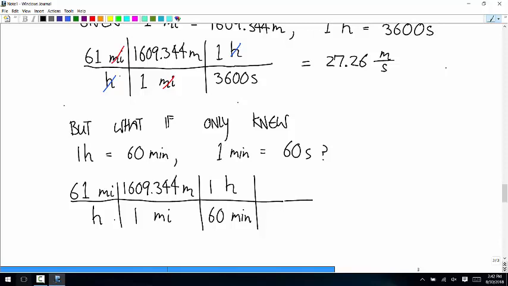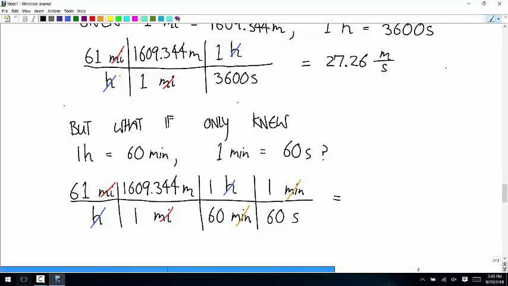Okay, so what I've done now is I converted from miles to meters, and I converted from hours to minutes, but now we still need one more step that converts from minutes to seconds. We know that 1 minute is equal to 60 seconds, and so the minutes cancel.